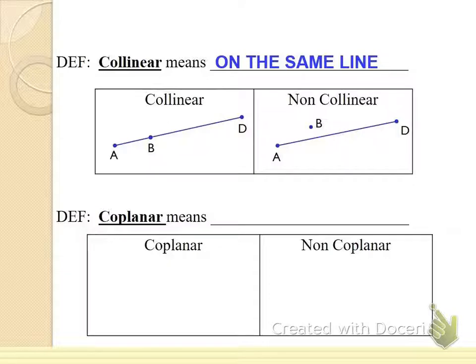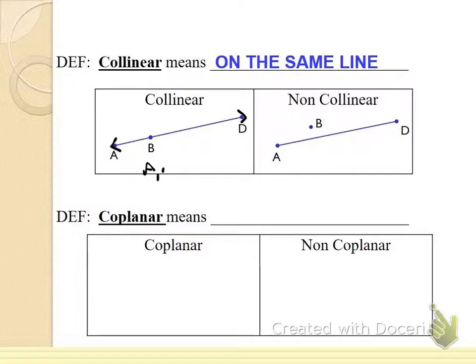These 3 are not. And since I mentioned before, it takes 2 points to make a line, any 2 points will always be collinear. If we want to establish collinear or non-collinear, then we have to introduce a third point. So if we ask you for collinear points, you have to give us 3 points.